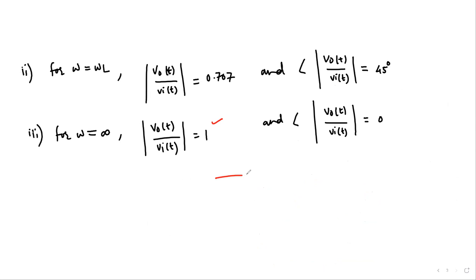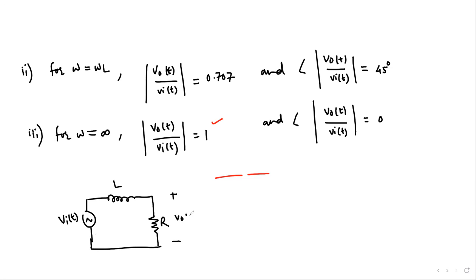All right, so this is how we can obtain the frequency response of this filter, and we'll see another circuit. For instance, if we have a circuit where instead of a resistor we have a coil put in here, and we have a resistor right over here, and again we excite this with the input voltage source Vi of t, and we measure the voltage across this resistor, which is the output.